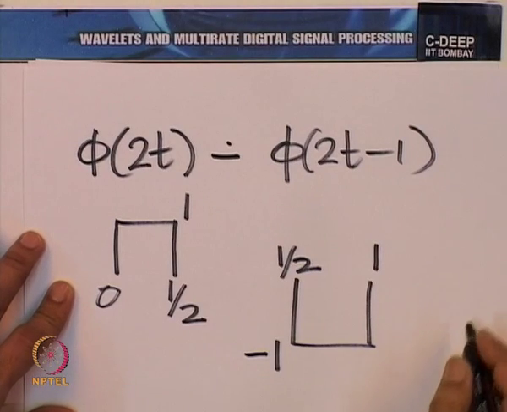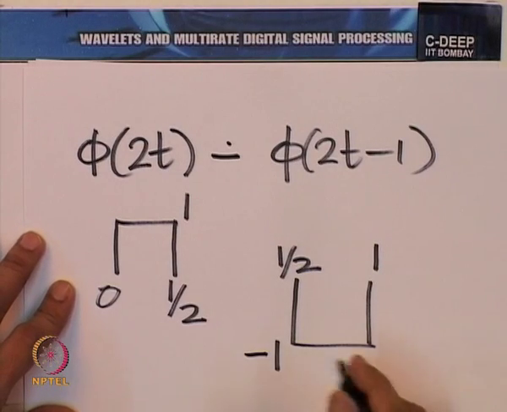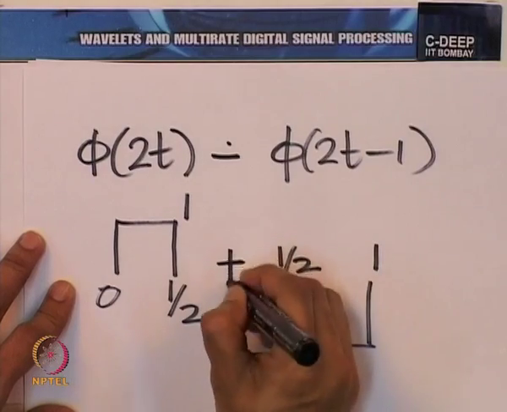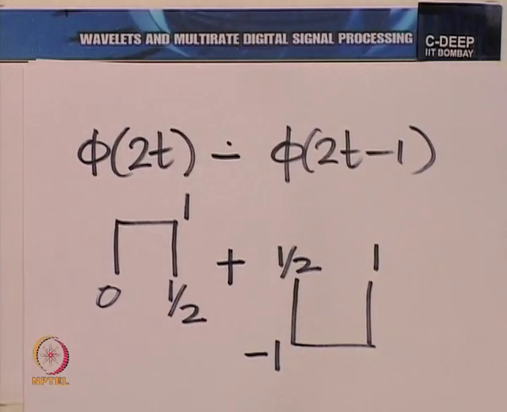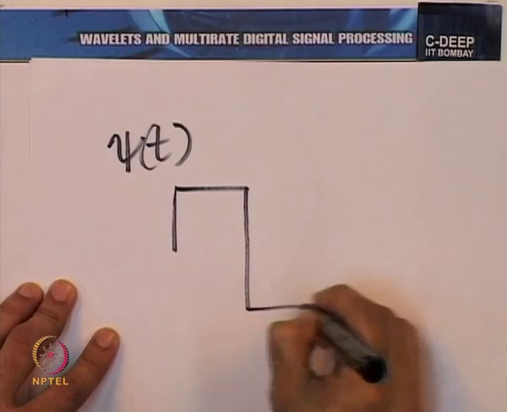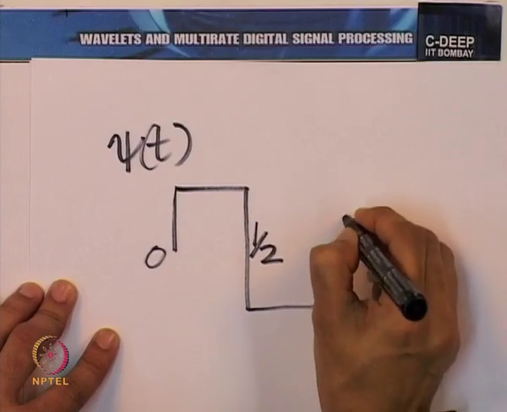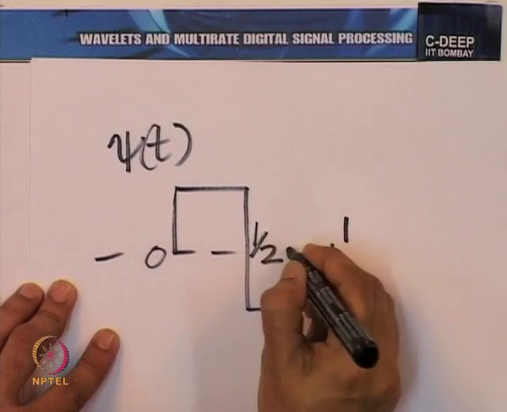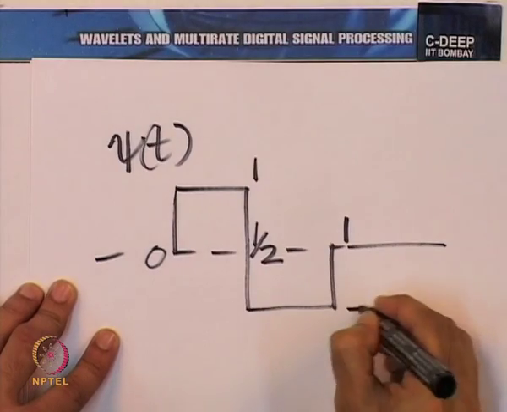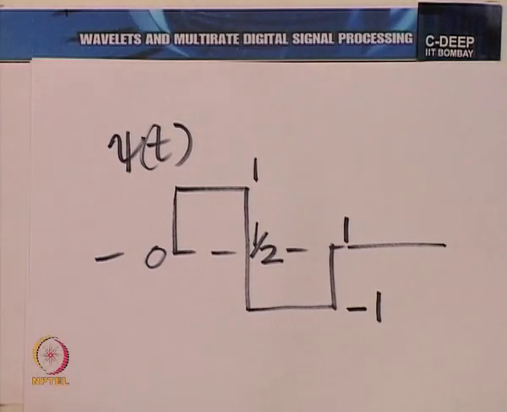And when we put these two together, we get psi t. There we are. We have completed this iteration and building phi t and psi t starting from h n and g n.